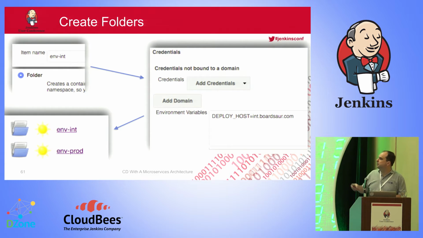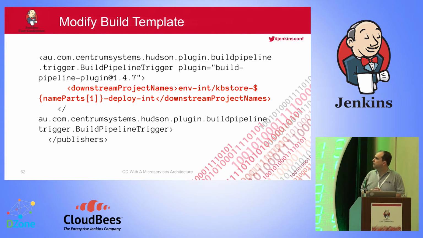And then I'd end up with folders for each of my environments. Once I do that and move my deploy jobs into those folders, then I need to modify my build template. So instead of calling the downstream job in the root, it needs to say invent / and then the name of the job.